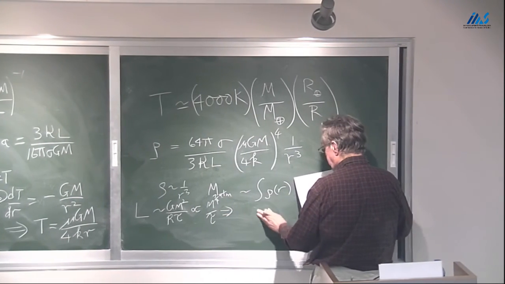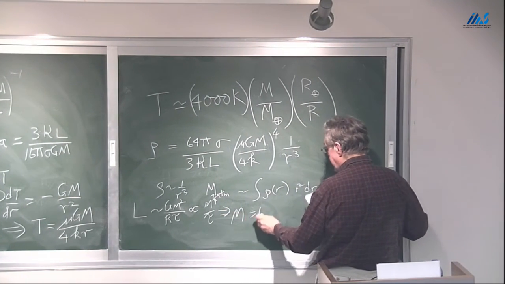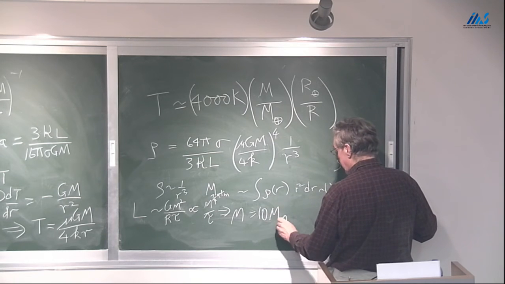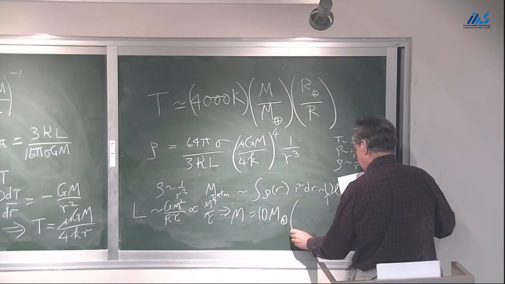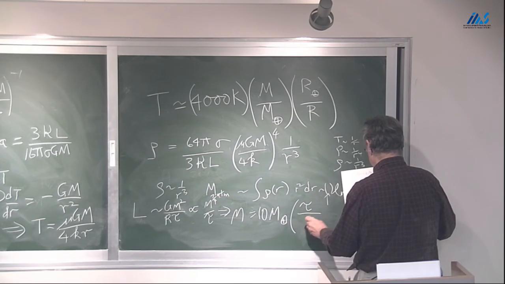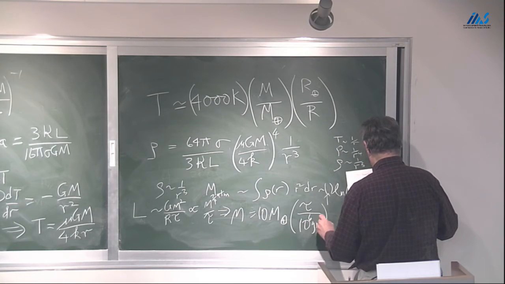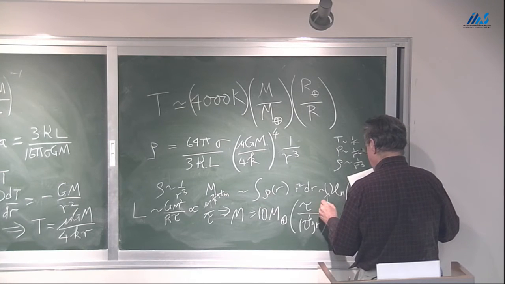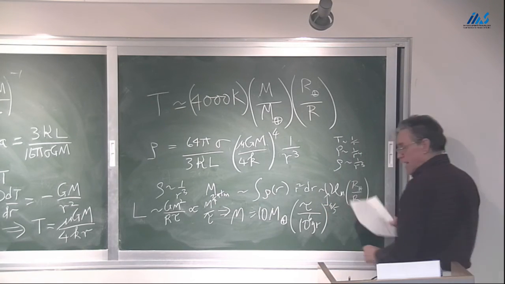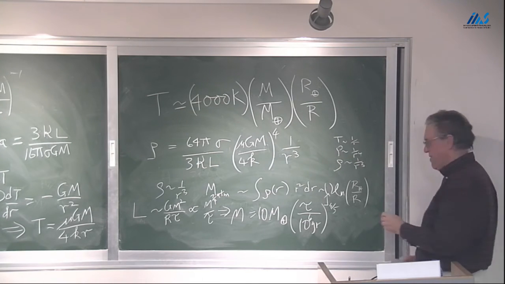You have to trust me on this, it's messy. I get 10 Earth masses scaled to the characteristic time, 1 million years, I've used 1 million here, to the minus 4/5. I think I have the minus sign right this time.